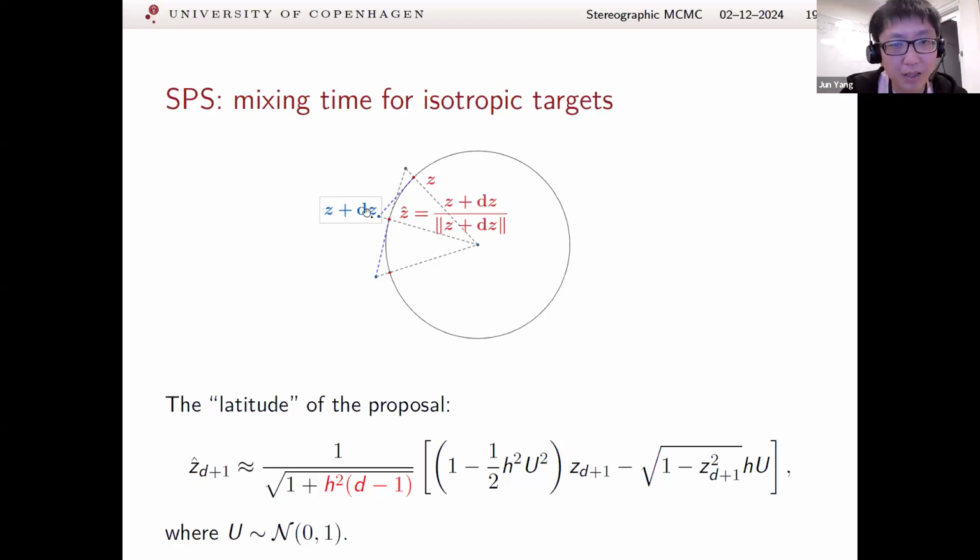However, this blue color point is outside of the sphere. So I need to renormalize it based on the norm of this blue color point. So this factor is 1 over the norm. You can see the norm is the only place where the dimension shows up, because the move in the orthogonal space, which won't directly change the latitude, is a very large move, since it's a d minus 1 dimensional move.